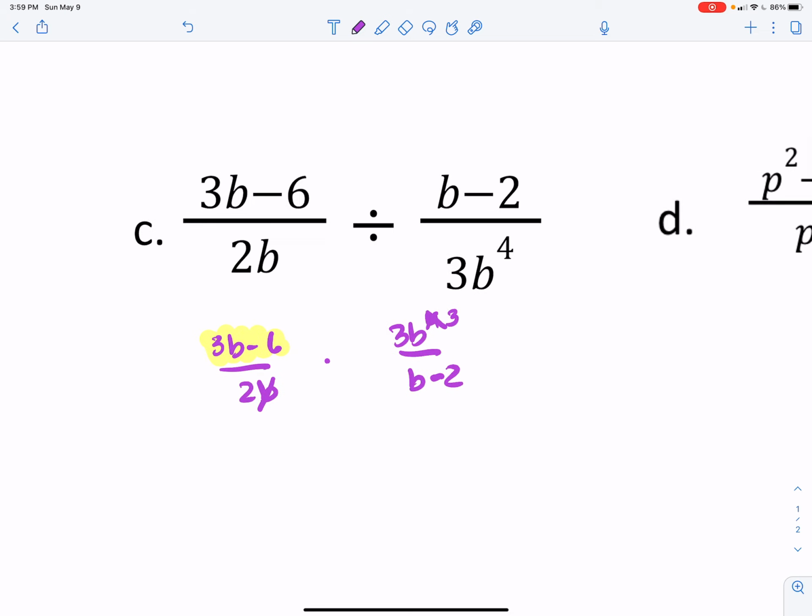The GCF of 3b minus 6 is 3. You get 3 times b minus 2. And then you're able to cross simplify the b minus 2. Is there anything else? Not really. So you multiply straight across. You end up with 9b to the 3rd over 2.